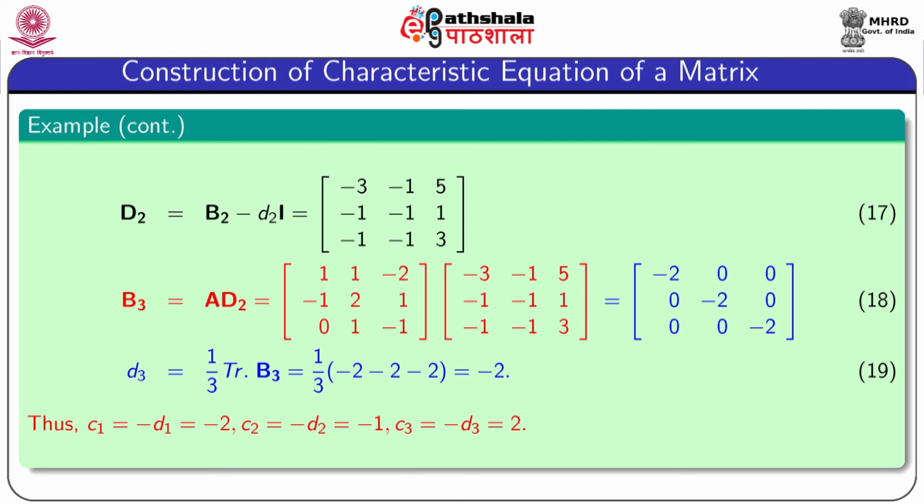Therefore, the coefficients of the characteristic equation or characteristic polynomial are C1 equals minus D1 equals minus 2, C2 equals minus D2 equals minus 1, C3 equals minus D3 equals 2. Therefore, the characteristic equation is lambda cube minus 2 lambda square minus lambda plus 2 equals 0.